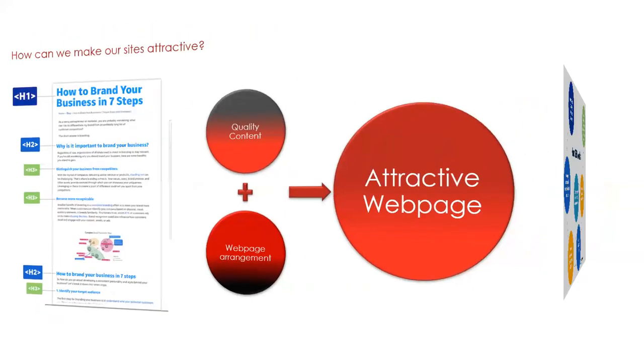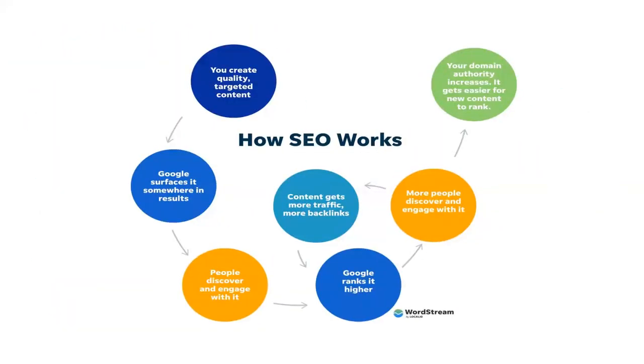Once you're able to create an attractive web page with the content that is needed, and Google approves it and surfaces it where your users can see it, people now begin to go on your web page. They get engaged, and with the number of people getting engaged with your web page or application, Google begins to rank your web page.